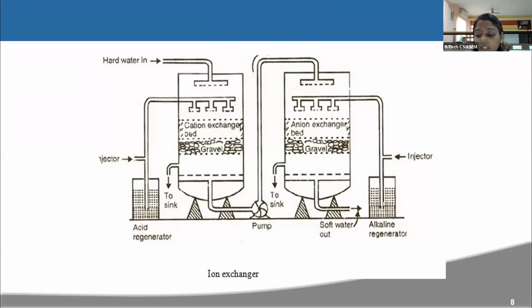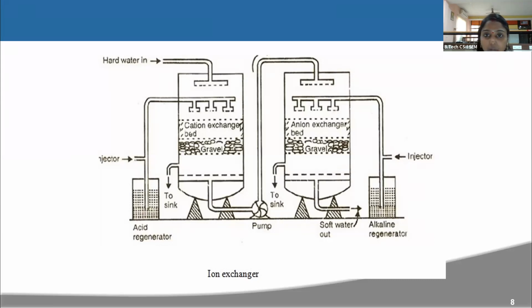When dilute HCl is passed through, the H plus ions present in it get exchanged with the cations already present in the resin. In the anion exchanger, the OH minus ions in dilute sodium hydroxide get exchanged with the anions present in the resin. Now the resins are ready for use again.